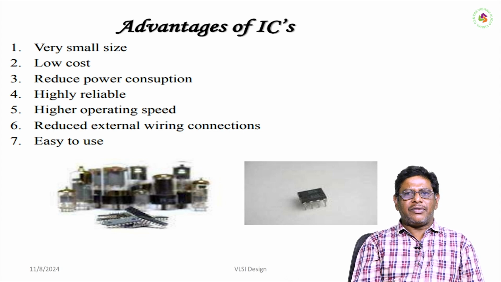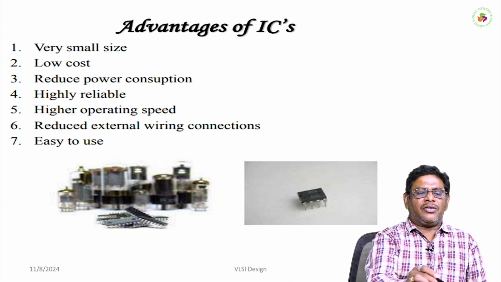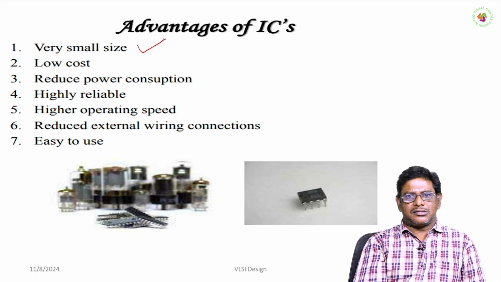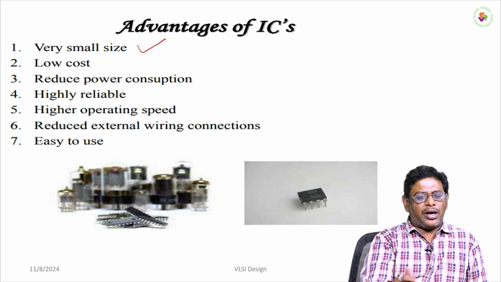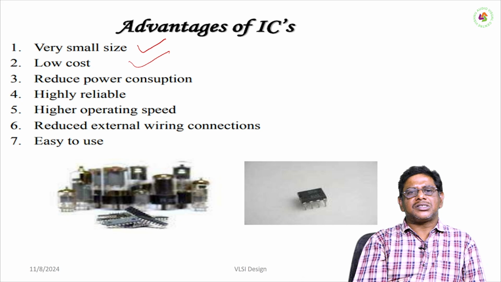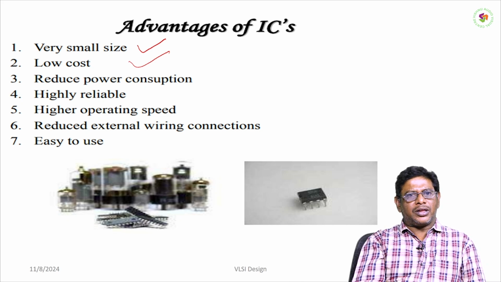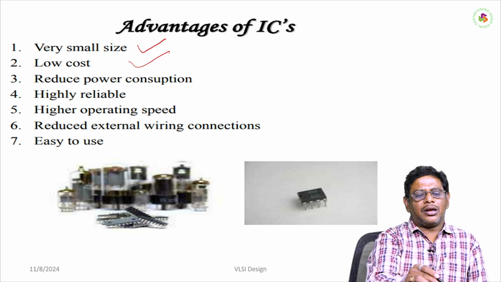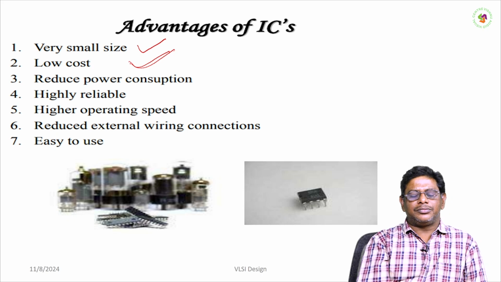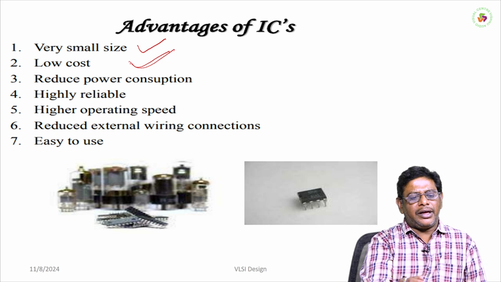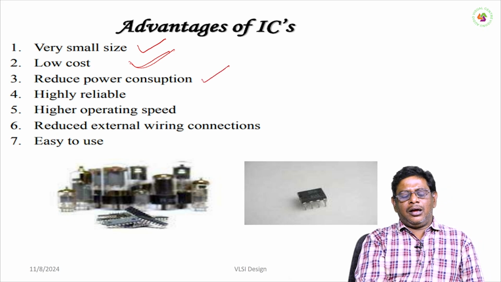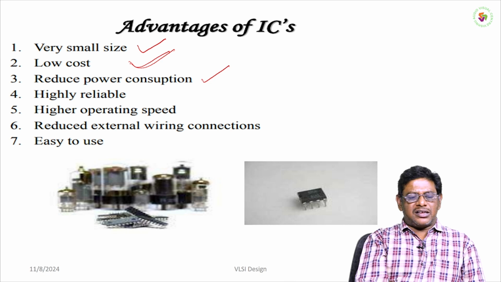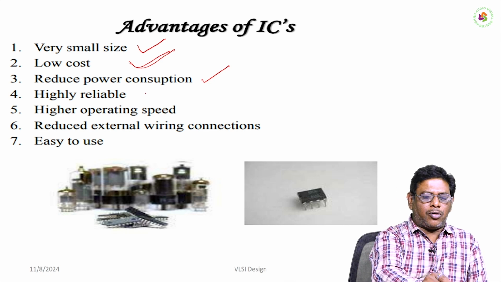And coming to some of the advantages of the integrated circuit, complexity-wise, it is very small in size, and if we have a number of components designed together and fabricated together, the cost will be very low. Comparatively it takes very little power consumption, and it is a highly reliable model.